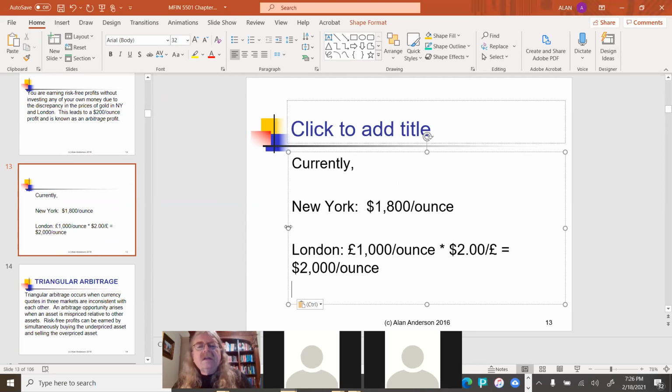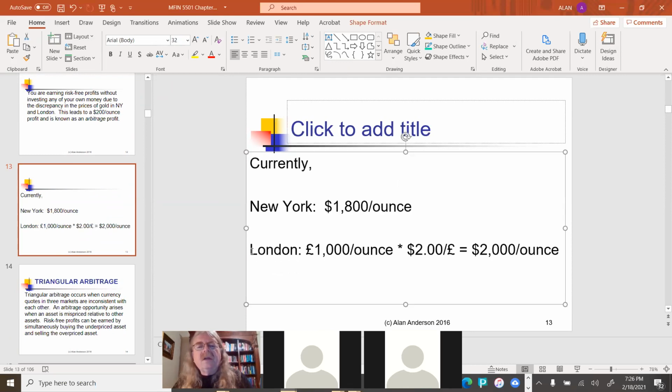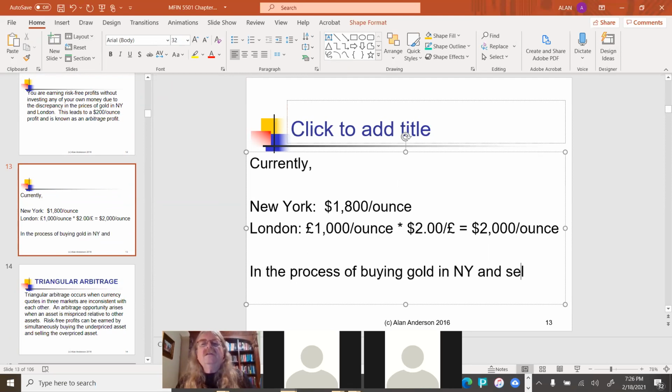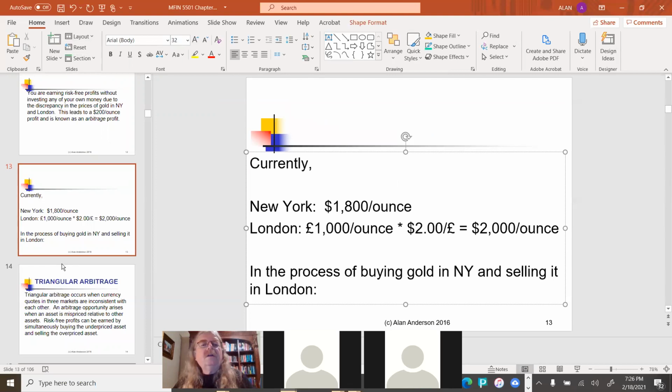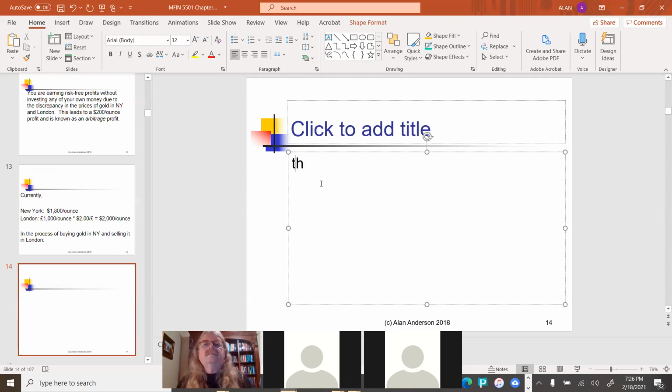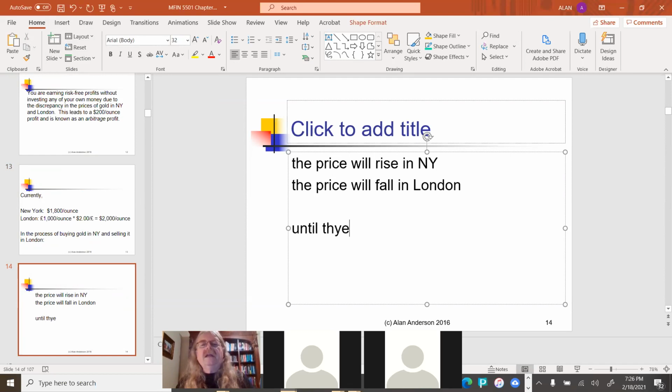Okay, so now what's going to happen here, of course, as you understand from supply and demand, which you've obviously been exposed to before, I hope, in the process, buying gold in New York and selling it in London, two things will happen. Number one, it'll push up the price in New York. The price will rise in New York. The price will fall in London until they are equal again.